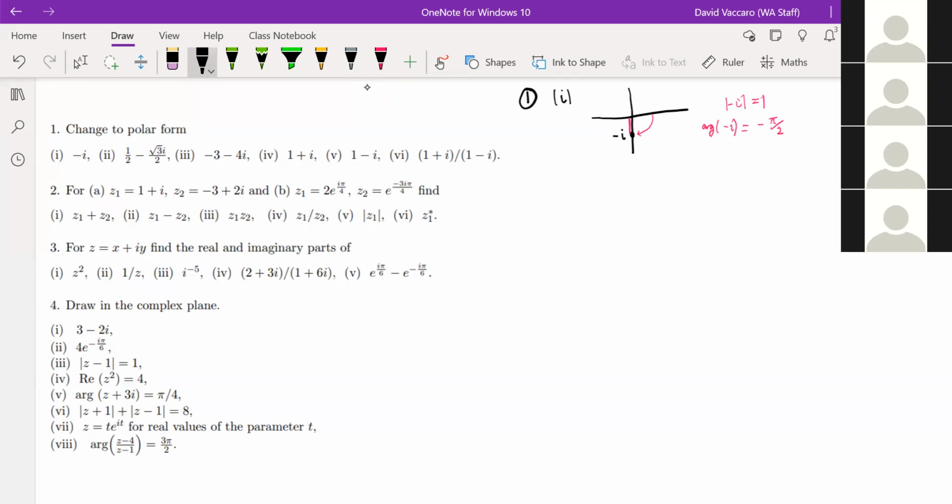Once you're confident with the notation, the most natural way of writing it is in a complex exponential form. So I would write this as negative i is the modulus, which is 1, multiplied by e to the i times the argument, so e to the negative i pi over 2, and that would be the modulus argument form.